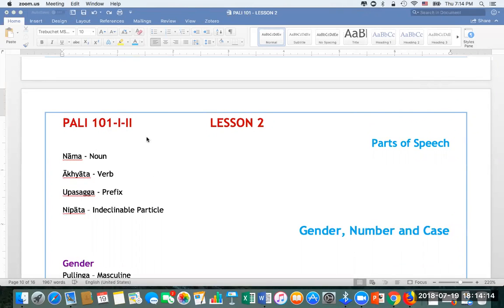They have classified all those 8 parts of speech in English into nama, akhyata, upasarga, and nipata. This is how this very ancient Pali language has prescribed the parts of speech, corresponding to the later version of the English language.